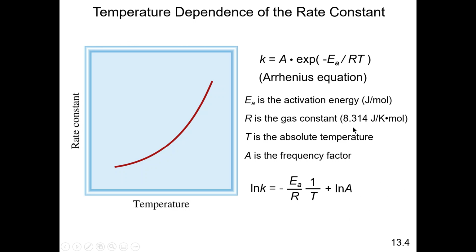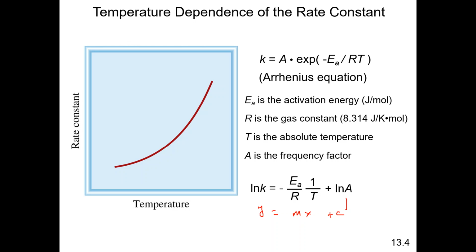Now, we can also express this same equation in this form. I won't go through the steps. This is something you should be able to do from your algebra experience, but in this form, it's very useful because you'll see that this equation is in the form of the straight line equation, y is equal to mx plus c.